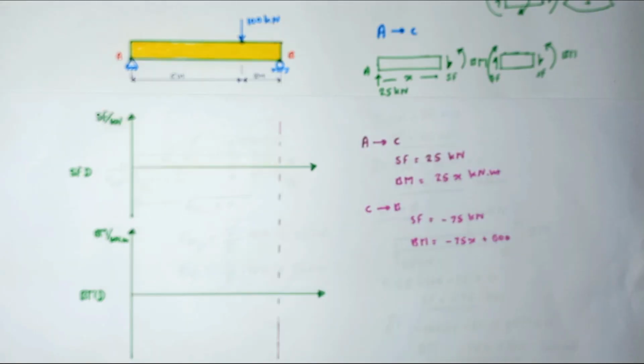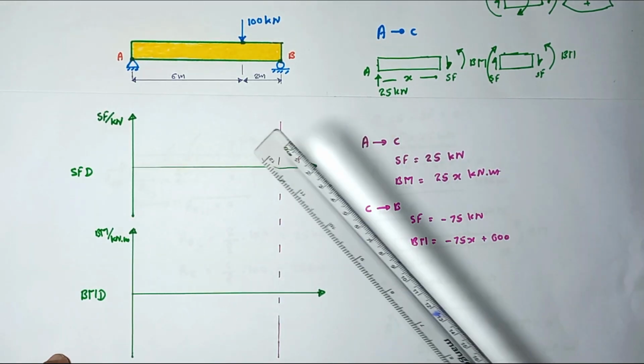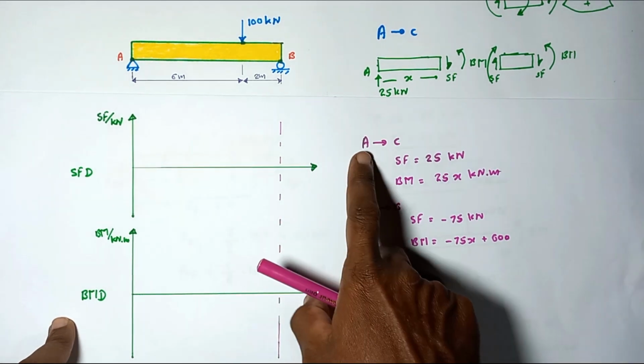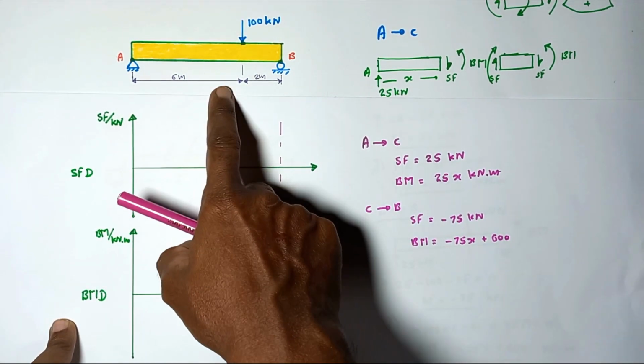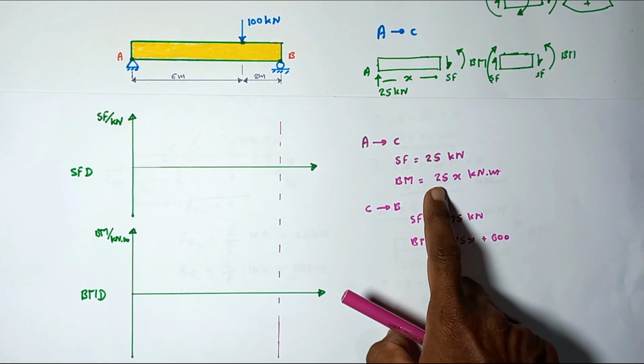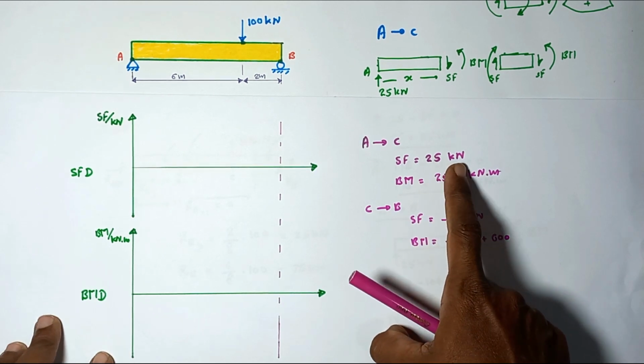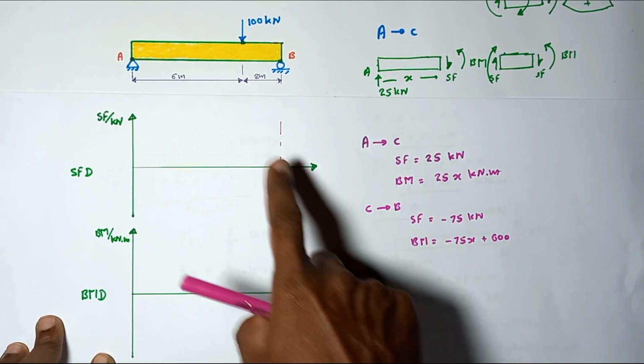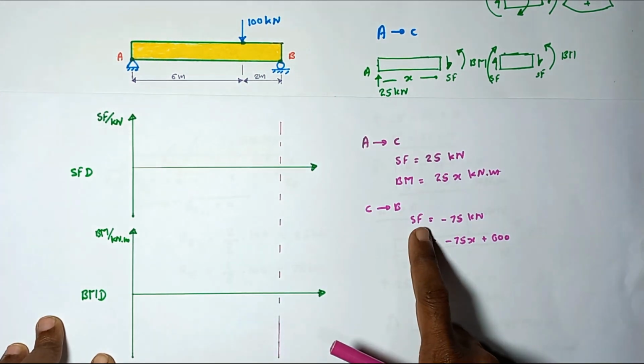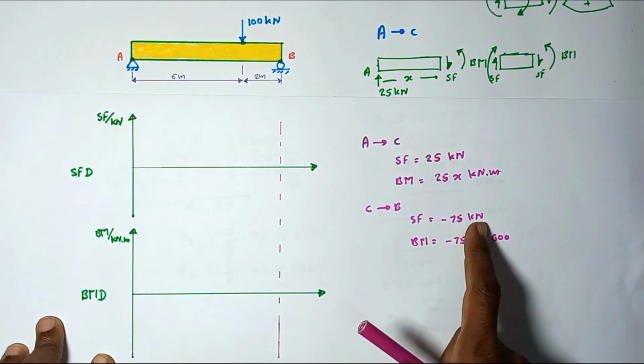Now we are ready to draw the shear force diagram and the bending moment diagram. For the A to C region, the shear force is equal to 25 kilonewton. Then in the C to B region, the shear force is equal to minus 75 kilonewton.